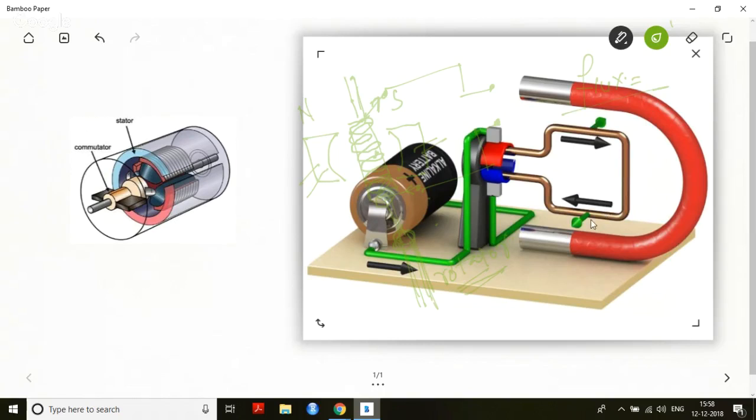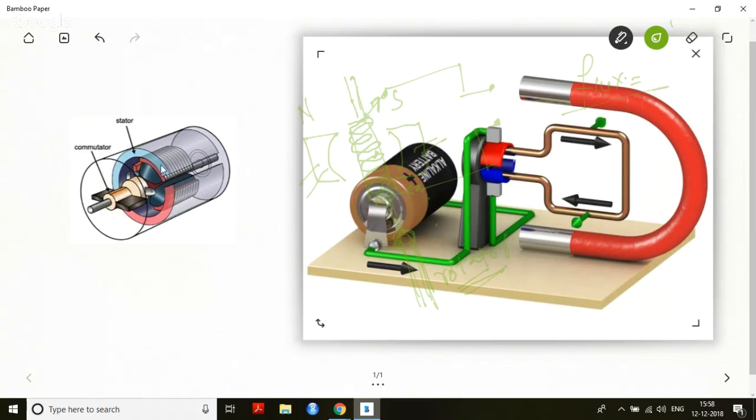Due to the force being applied, the coil will feel some amount of torque, and due to that torque, this will start rotating. As soon as it starts rotating, its shaft rotates, look here.